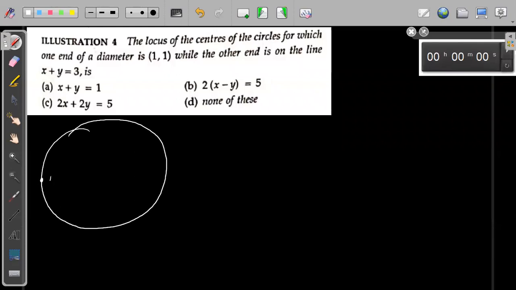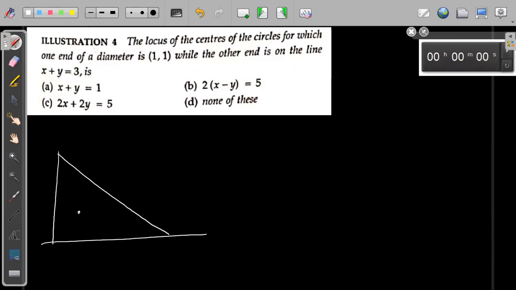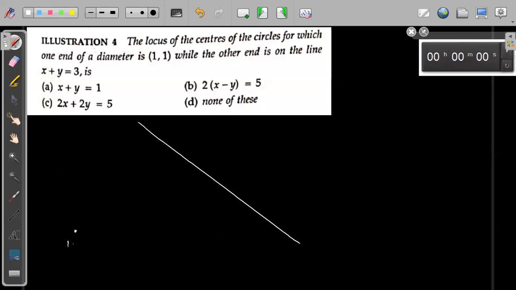So suppose we have 1 comma 1, and then we have the line x plus y is equal to 3, right? So the point is on this line. This is the line, and this is the point 1 comma 1, right?